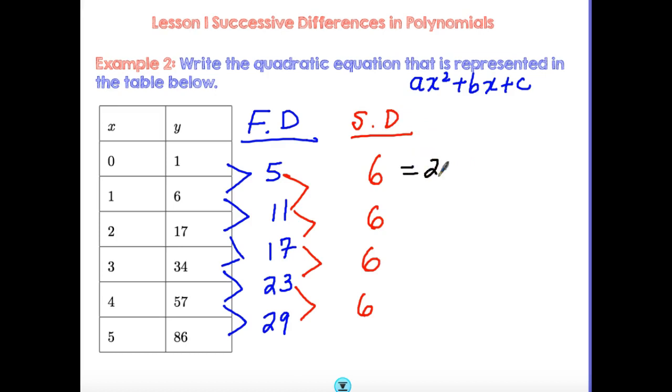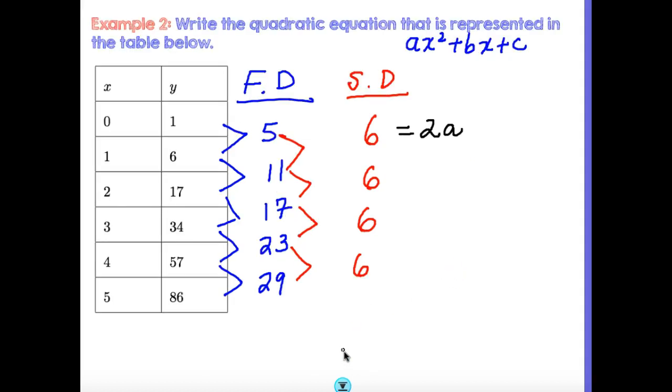Do you remember that? So 6 is equal to 2a. Divide each side by 2, and we've got our a value: a is equal to 3.